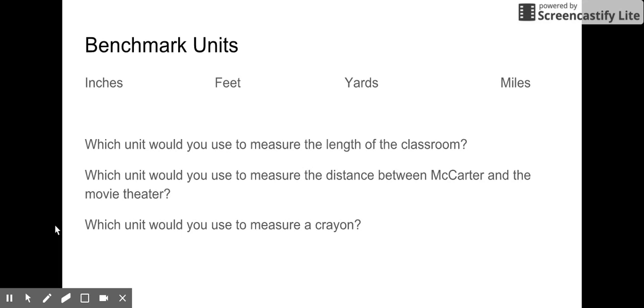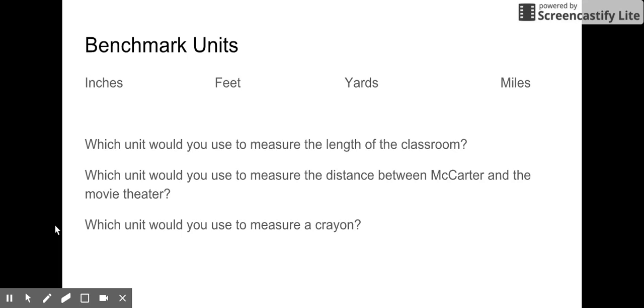So think about the size of a brand new beginning of the school year crayon. You absolutely could not measure that in miles. If we're talking about miles being something that you drive, you're not driving from one end to the next of a crayon. Yards are also, remember, from the tips of your finger across to your opposite shoulder. Think about how many crayons you could lay from one side of your body to the next.